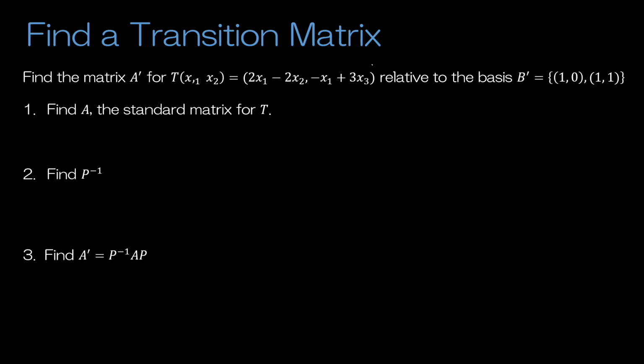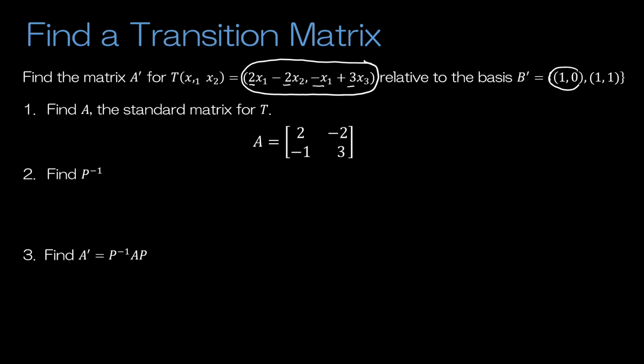So the first thing we're going to do is take a look at our transition matrix to write A. So my first row would be 2x1 and -2x2, so 2, -2, and then -1, 3 for my second row, and that is A. We are going to use the column vectors for B prime as P, so we don't have to do any computation there.